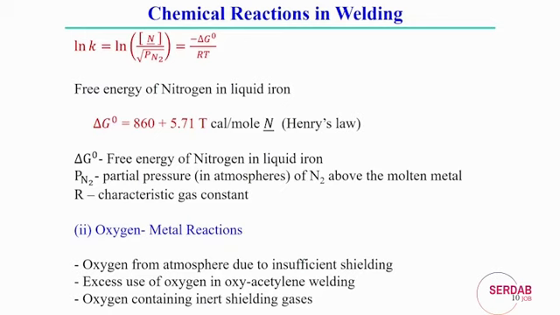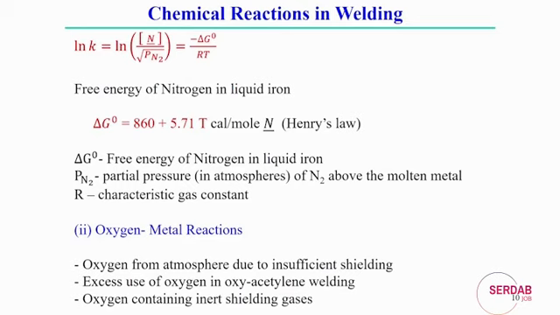Here we can find out the oxygen from the atmosphere, and what may be the source of the oxygen. One source of oxygen during the welding process comes from the atmosphere, and that may be due to insufficient shielding.